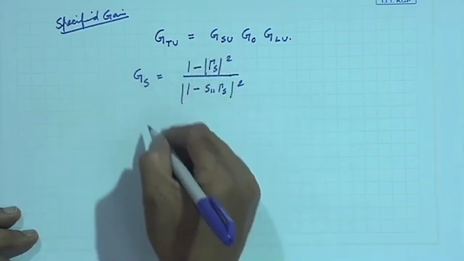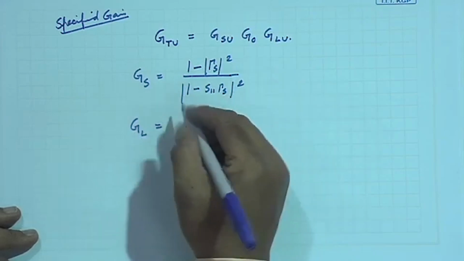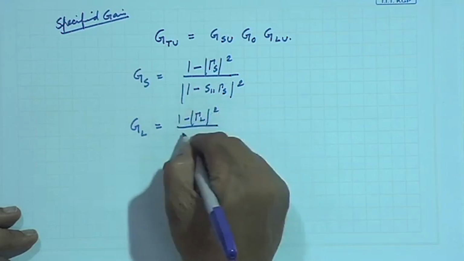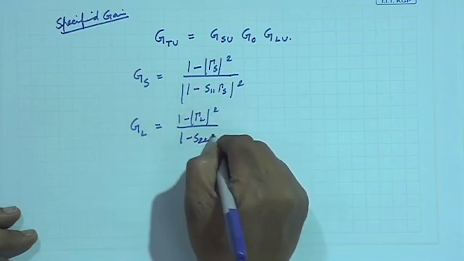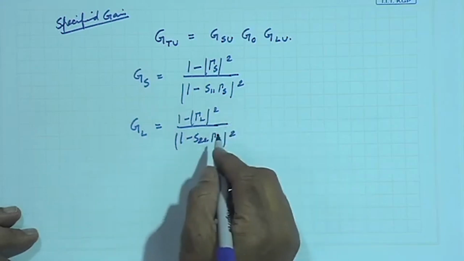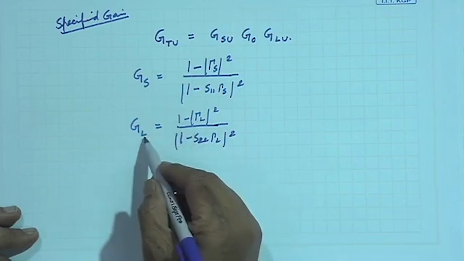Similarly, GL can be written as (1 minus |gamma L|^2) by |1 minus S22 gamma L|^2. The moment I have this, I can design the output side from the specification of GL.